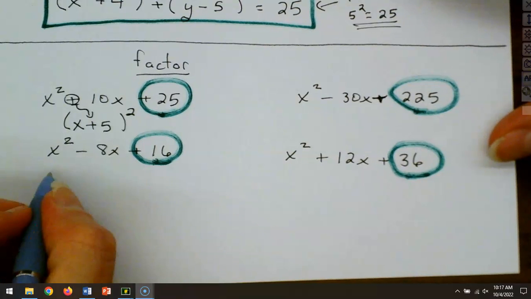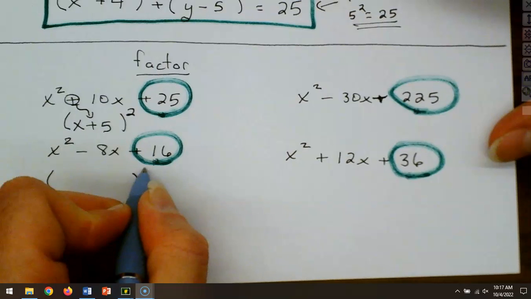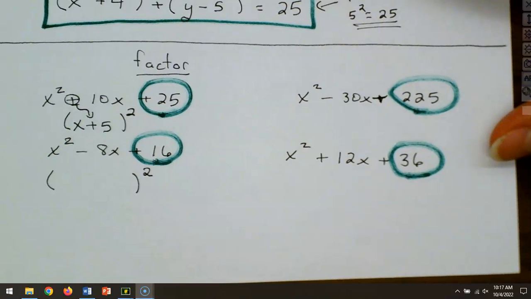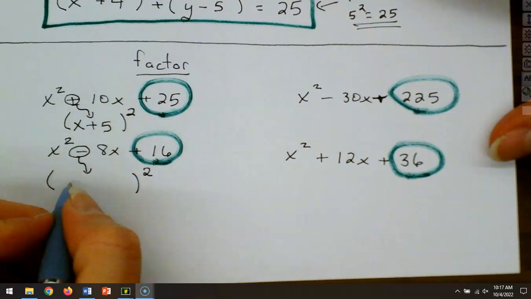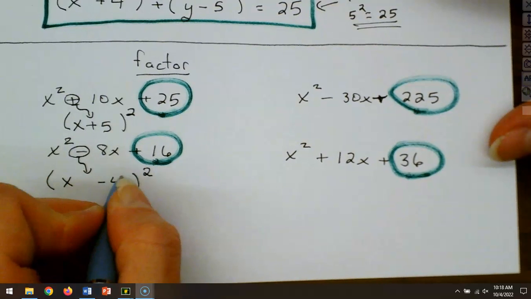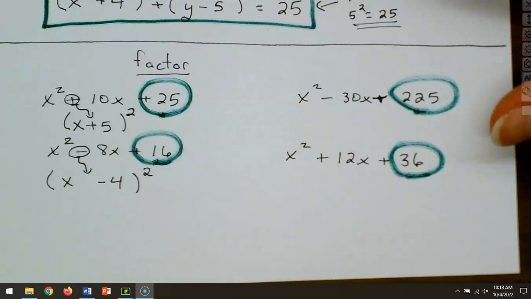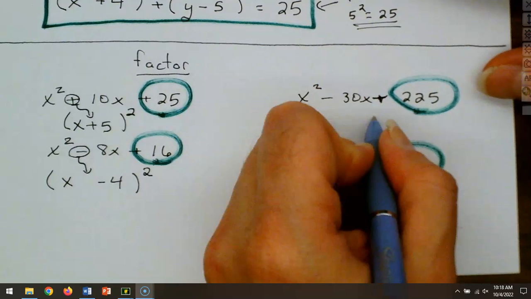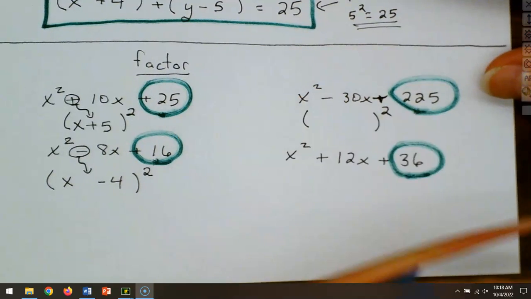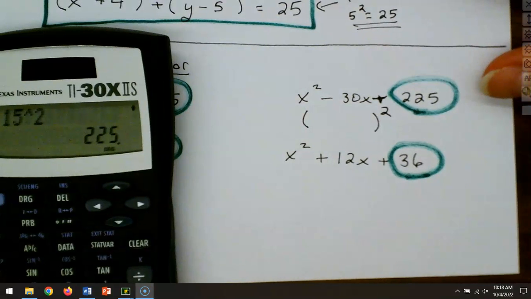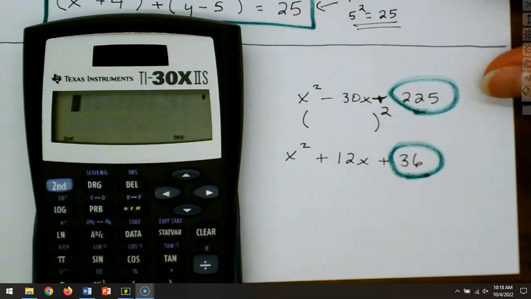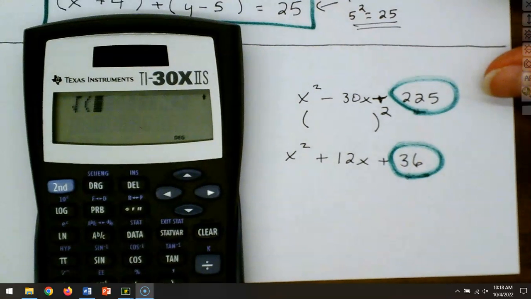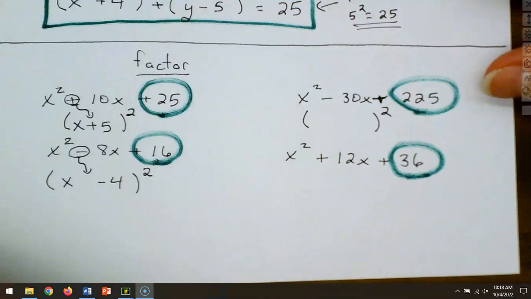Let's try the next one. We know 16 is a perfect square of what? 4. Sign in the middle is negative. So that's going to come down as an x minus 4. 225 is also a perfect square. If you can't see it, you can always use a calculator. 225 is a perfect square of 15.